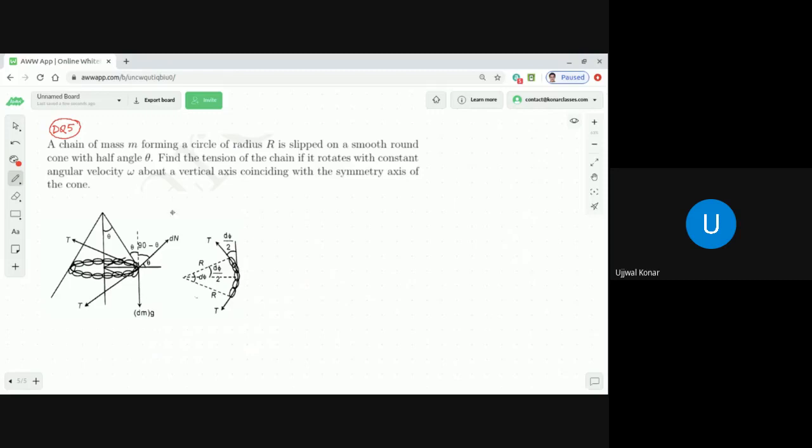Now the point is that if you look into the diagram, from this diagram, we can form equations. Again, from the diagram, we need to form the equations.